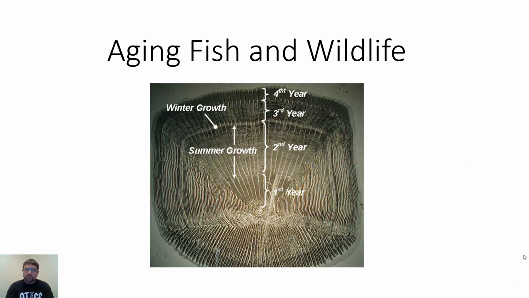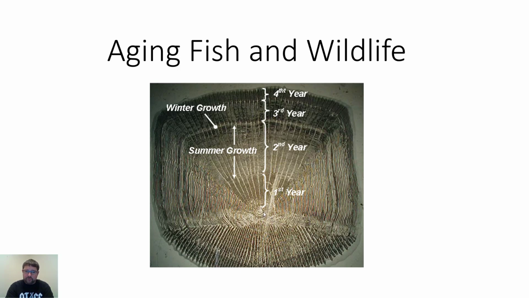If we look at something like a fish scale, here you can see a fish scale. This is what it looks like under a microscope after it's been pulled from the fish. There are a couple things that I want you to note in this picture, besides the things that are marked.